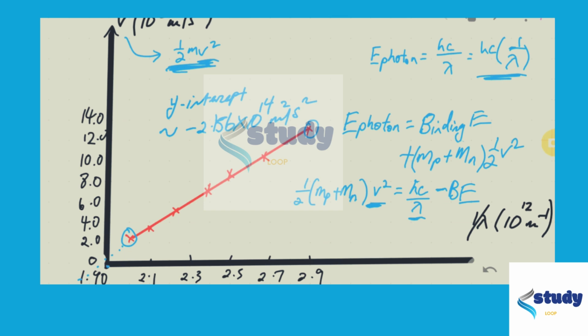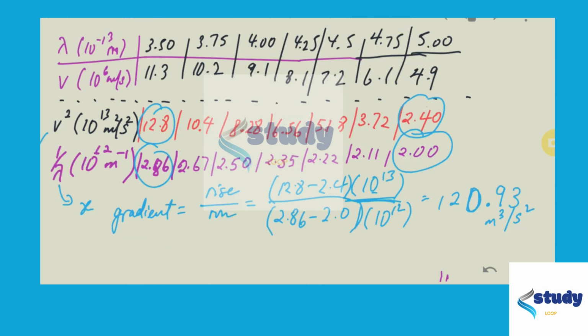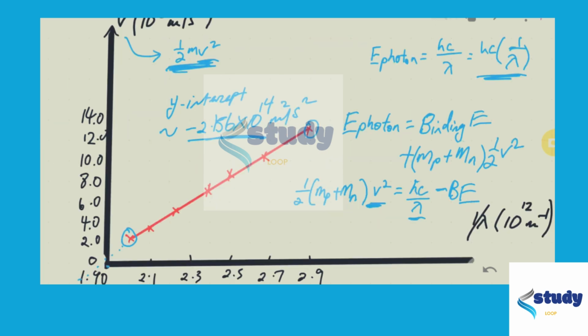Now using this value, and of course the value of the gradient, we can actually find the values for the proton mass as well as the binding energy of the deuterium. So we're going to do that. We have the y-intercept.